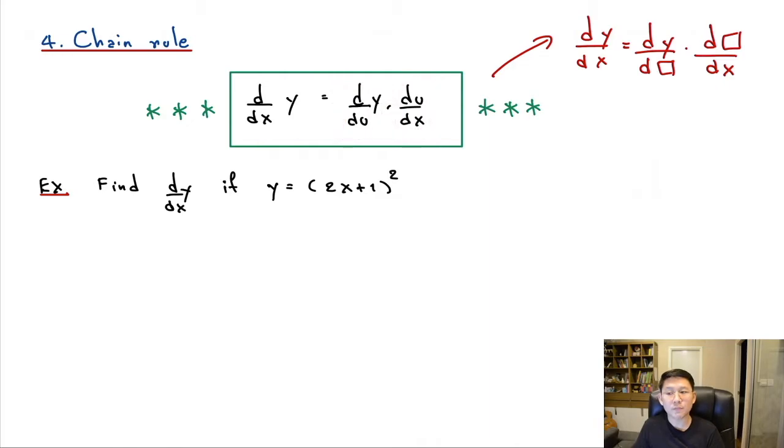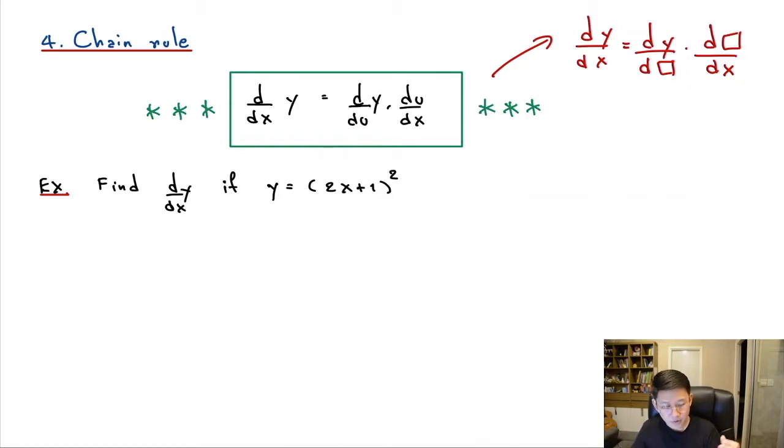Instead of computing dy by dx directly, you look at dy by some variable first called u, and then you take the derivative of u by x. Or you can look at it as dy by d box and d box by dx.